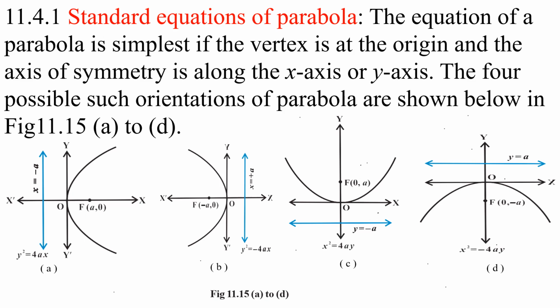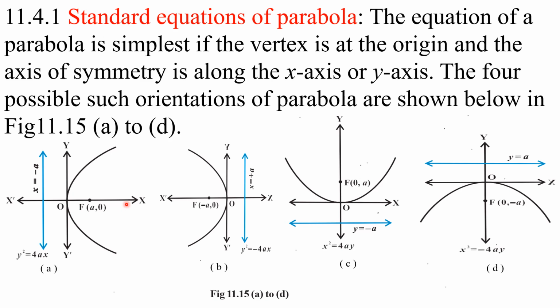Observe this first figure, my children. Here, in the first figure, what is the vertex of the parabola? Origin. The vertex of the parabola is at origin. Yes or no, my children? And what is the axis of symmetry of the parabola, or simply we can call it the axis of the parabola? Here, what is the axis of the parabola?